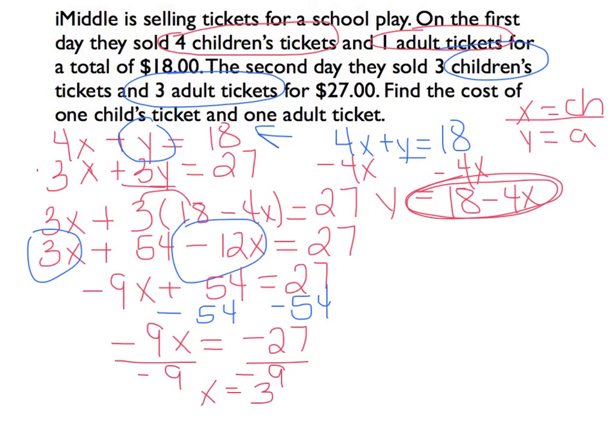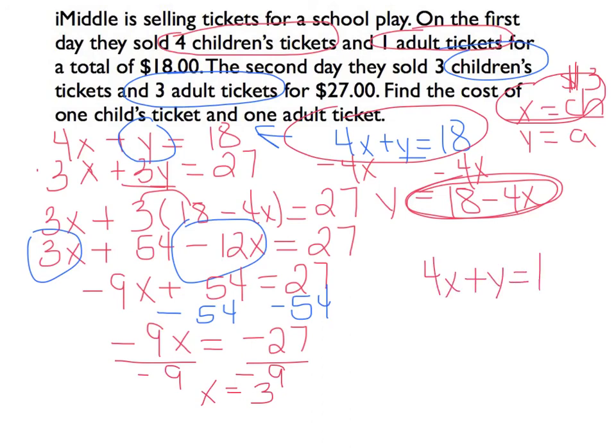So going back to the problem, that means that the child's ticket was $3. I might actually just go put a 3 up there to help me keep track. Well, if the child's ticket is 3, then we will still want to know what the adult ticket is. I'm going to go back to that simple equation, right? The 4x plus y equals 18.